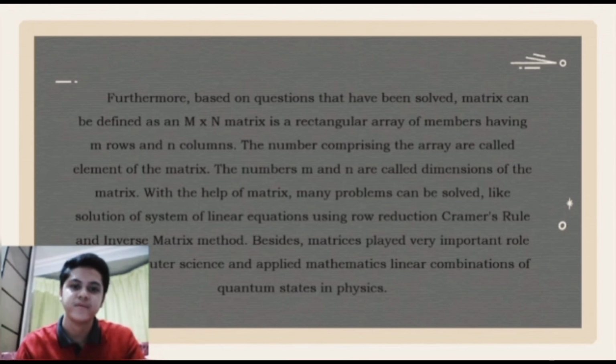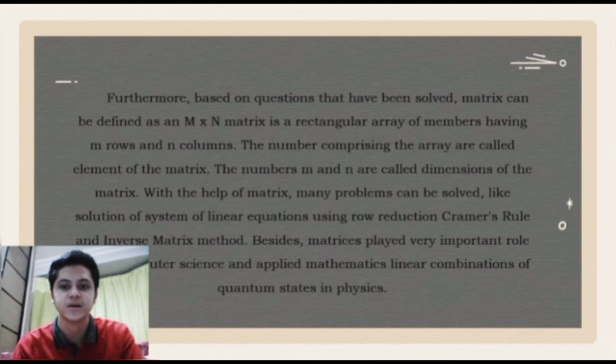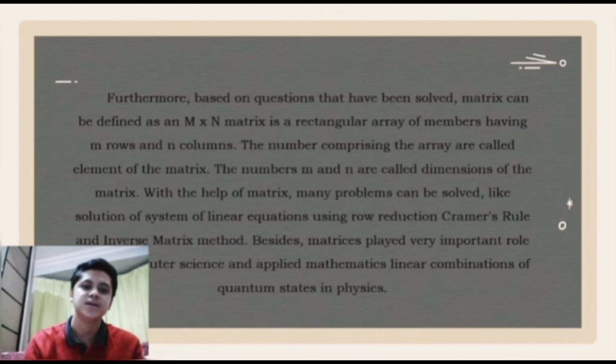With the help of matrices, many problems can be solved, like the solution of a system of linear equations using row reduction, Cramer's rule, and inverse matrix methods. Besides, matrices play a very important role in computer science and apply to mathematical linear combinations of quantum states in physics.